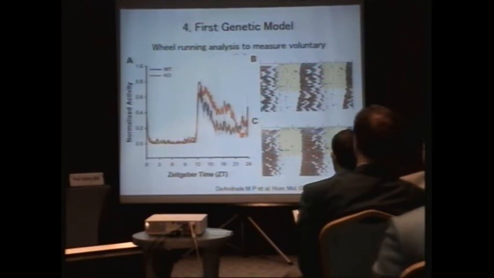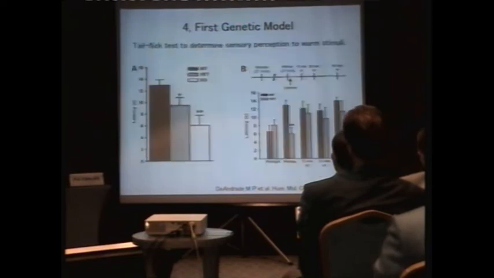This is a movement scoring panel. Also, the knockout mice show pain response hypersensitivity. Compared to wild type, the knockout mice are very sensitive to hot pain, and this hot pain hypersensitivity improved with administration of a dopamine agonist.